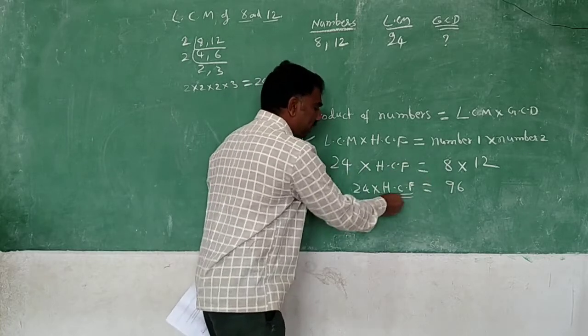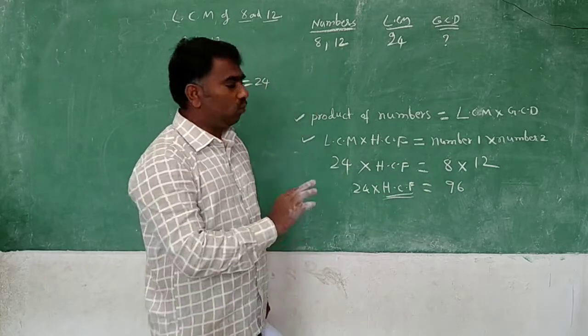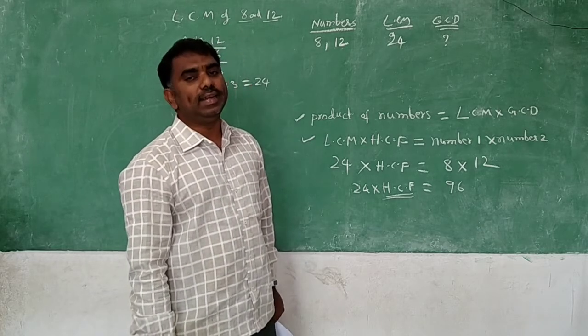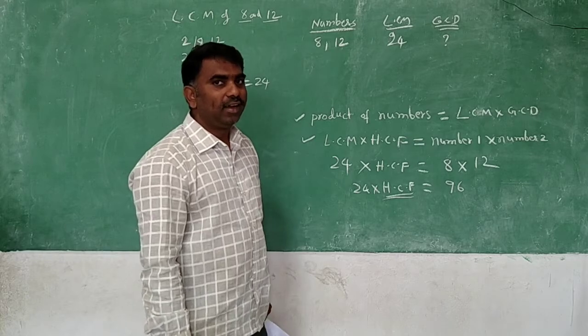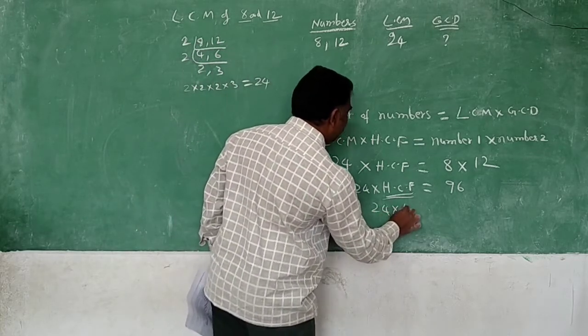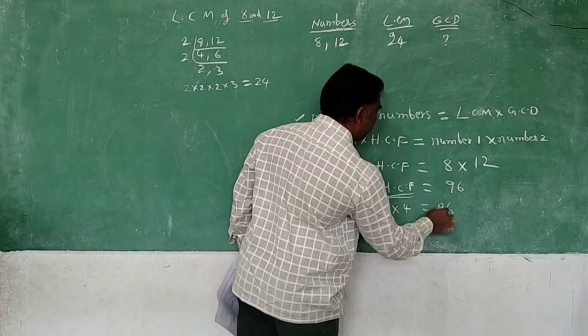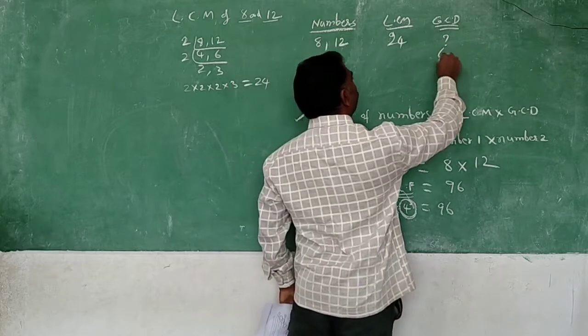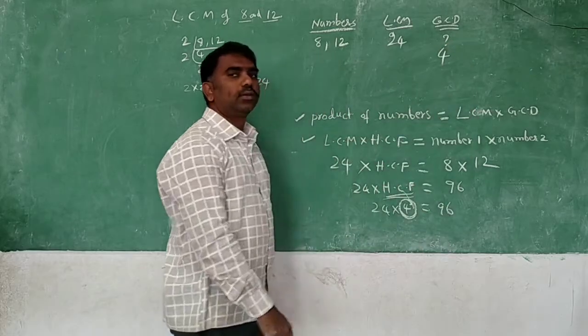You need to guess it. 24 into how much will be 96? Yes, 24 fours are 96. Is it or not? 24 fours are 96. That's why HCF will be 4. So GCD will be 4.